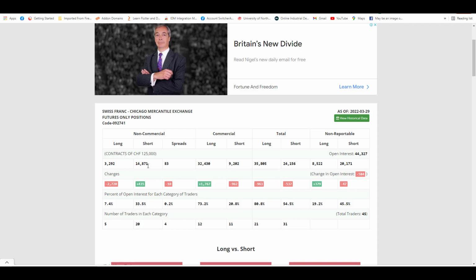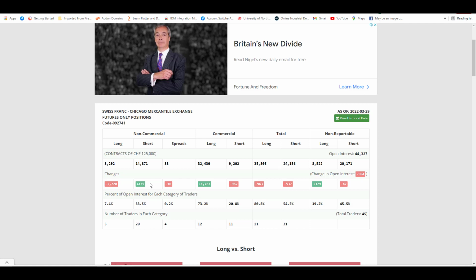And it just doesn't stop here. The changes from last week's report show that about 2,720 longs were closed and 435 shorts were even added, right? So that is telling us that the Swiss franc is losing its strength.